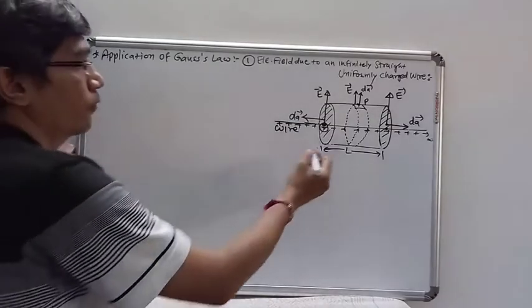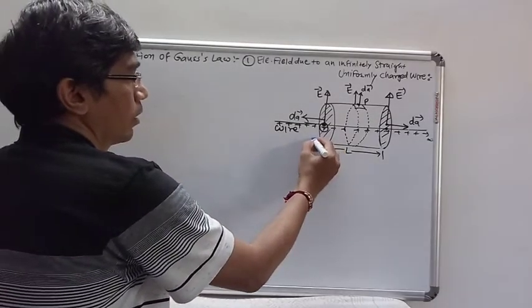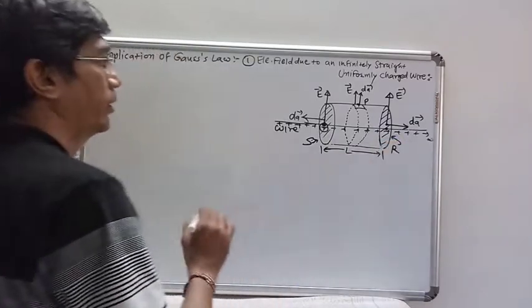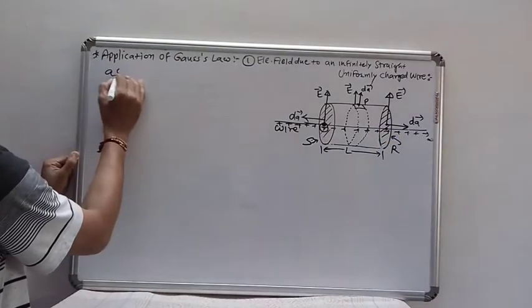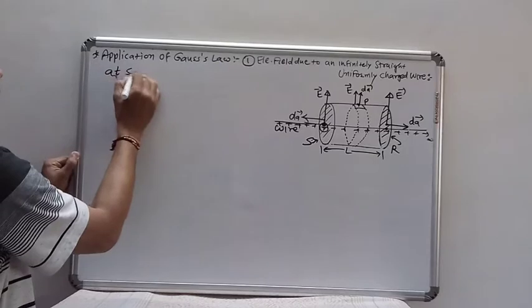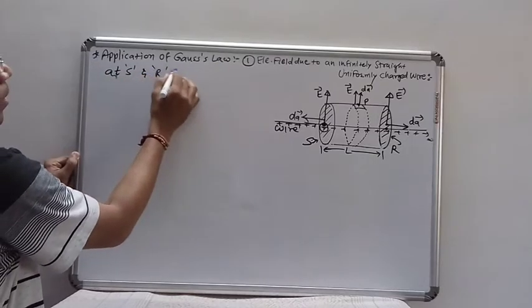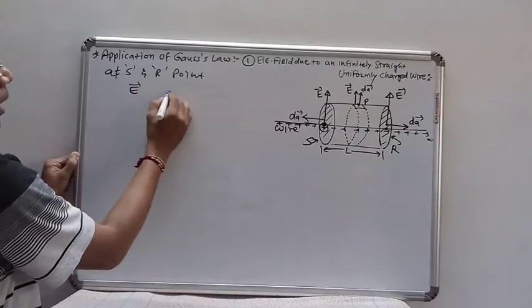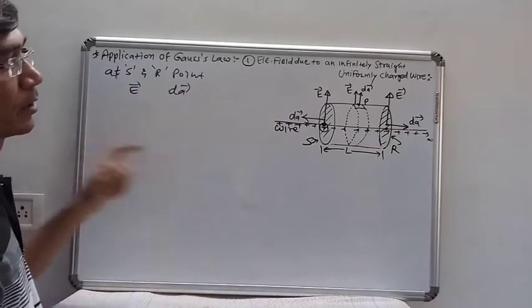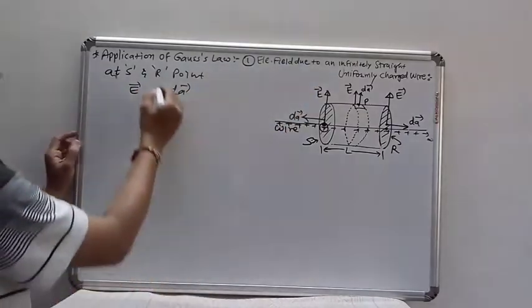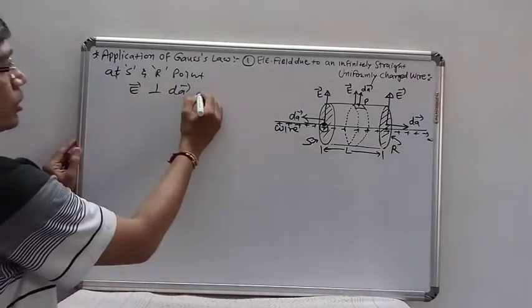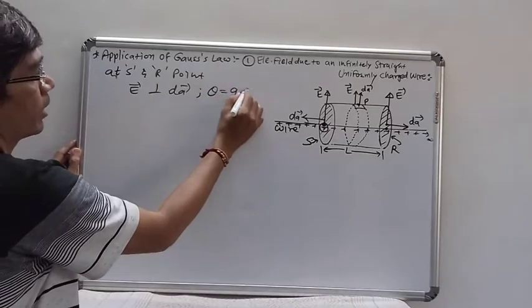First of all we take the S point and the R point. At the S and R points, the electric field and the surface area are perpendicular to each other, so the angle is 90 degrees.